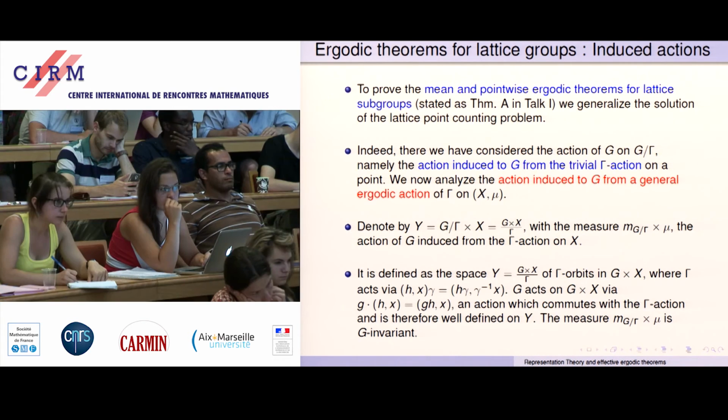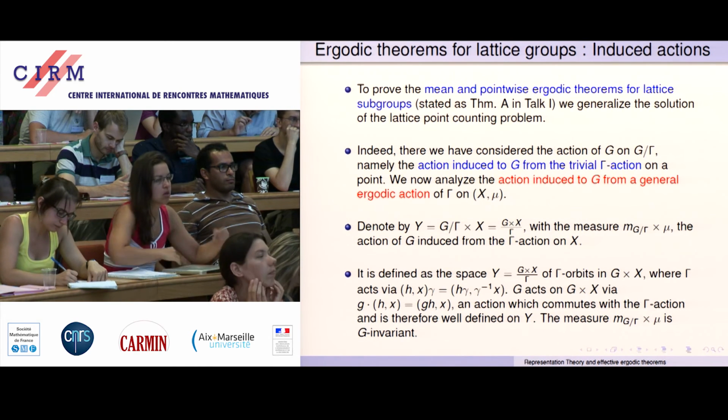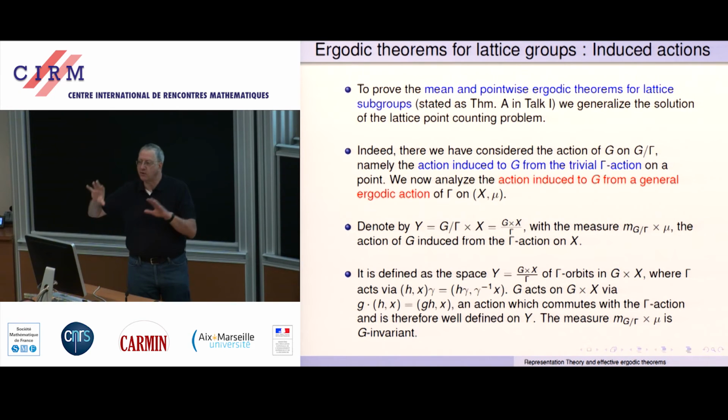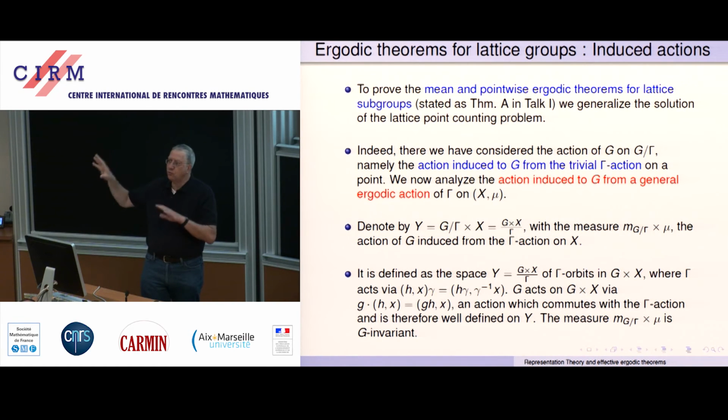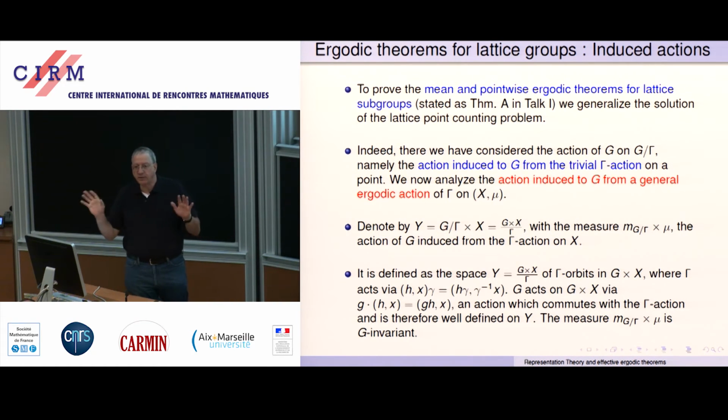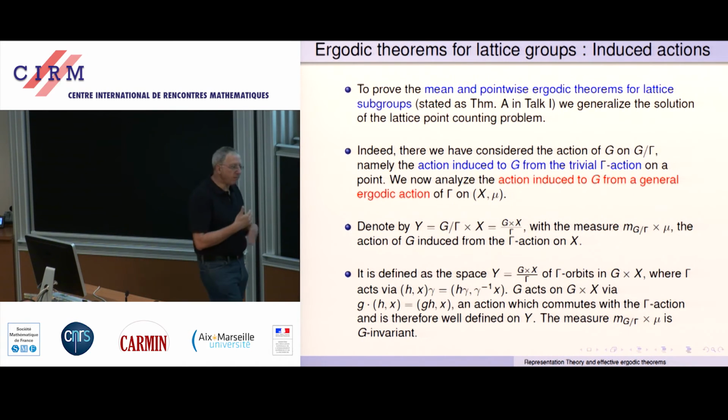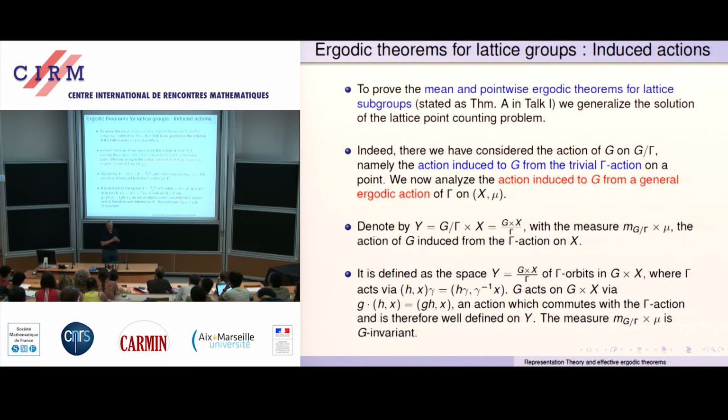That's very good for us because we really have nothing to say about the abstract spectral theory of the lattice. The lattice is a non-amenable, countable group, and the spectral theory is completely inaccessible. On the other hand, we've just said a number of things about G actions.